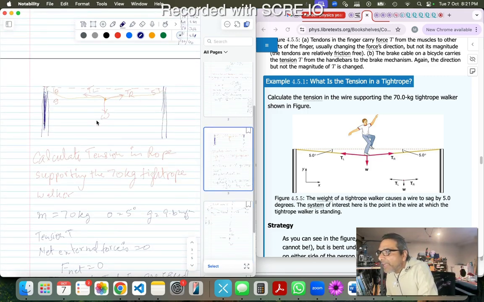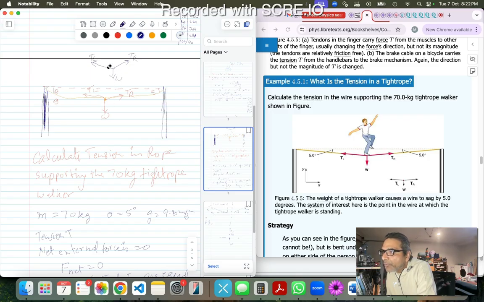Remember that in our inclined example, there are two tensions like this. This is tension left, this is tension right, and this is the weight, right?